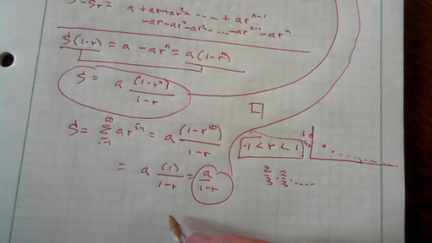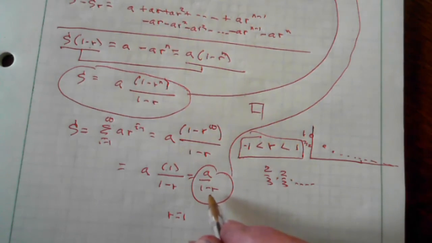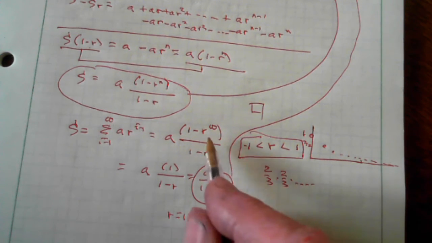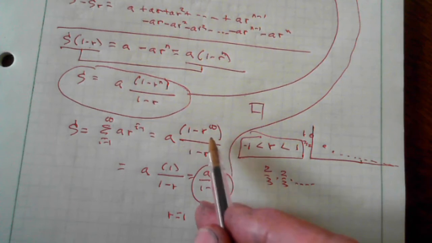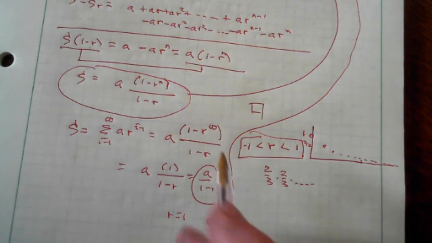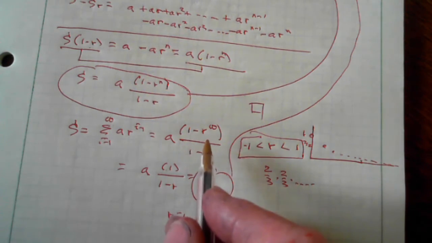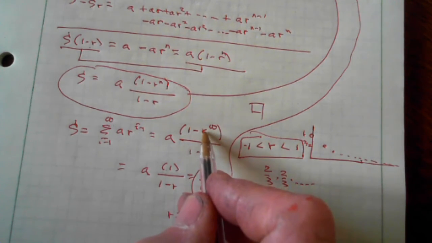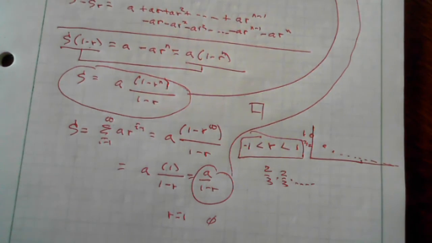Now, if r equals 1, it doesn't equal a thing. If r equals -1, you're going to be raising -1 to an infinite power, and honestly, that doesn't make any sense. So it equals nothing.